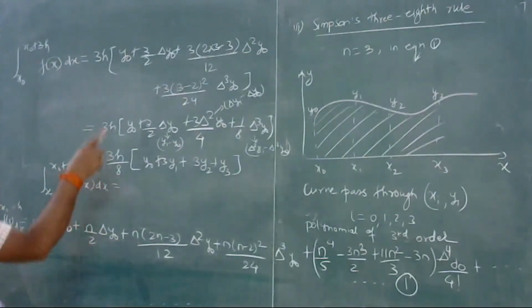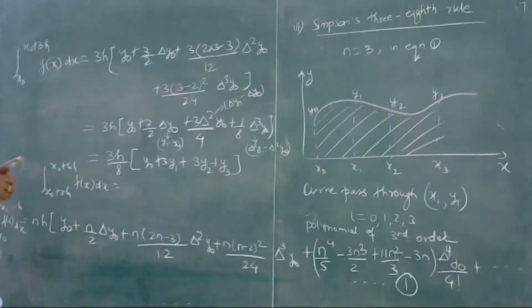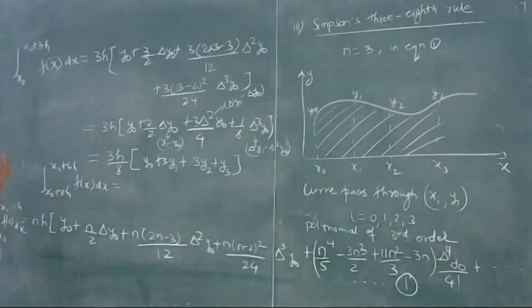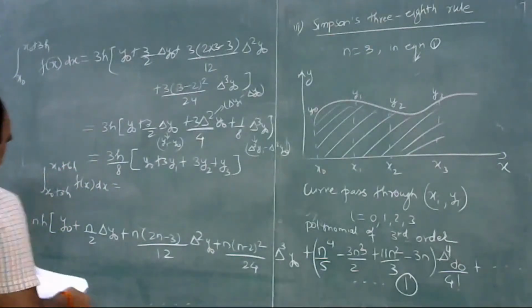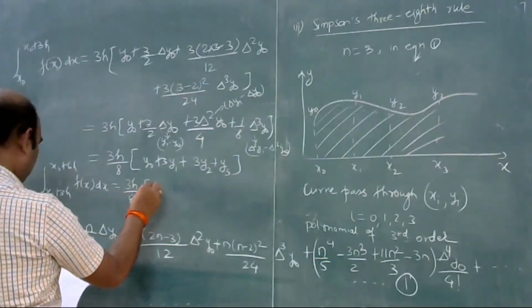So why is it known as 3/8? Because this is 3 upon 8. In the previous formula, it is 1 upon 8, so that is known as the 1/8 Simpson's rule. So this is 3h upon 8 times y3.